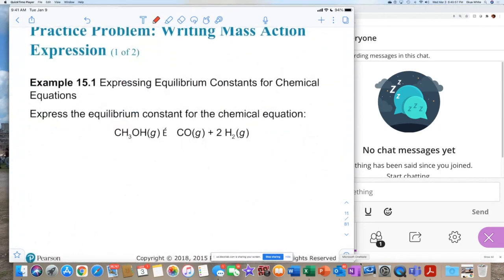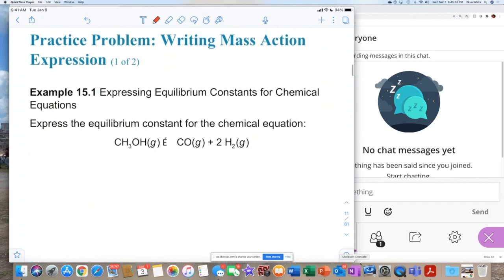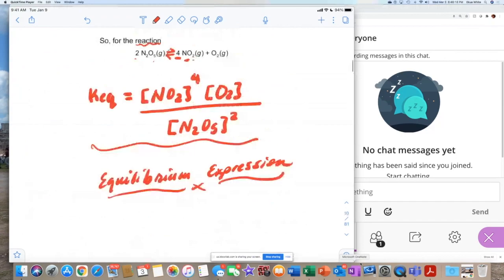For this next one, it says write the mass action expression. Once again, expression. You're going to express the equilibrium constant for the chemical equation. Once again, I'm missing my equilibrium arrow, where the E symbol is, that's where it should be. So I'm going to write K. Is this the same one? They look very similar.